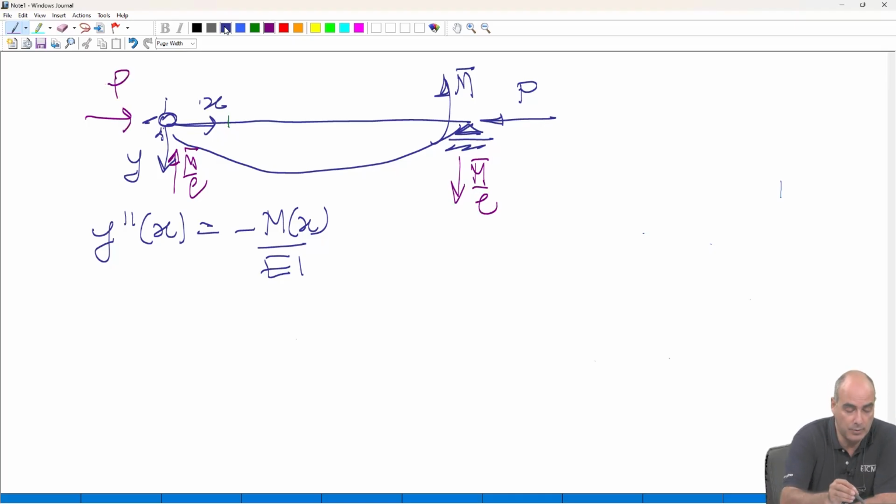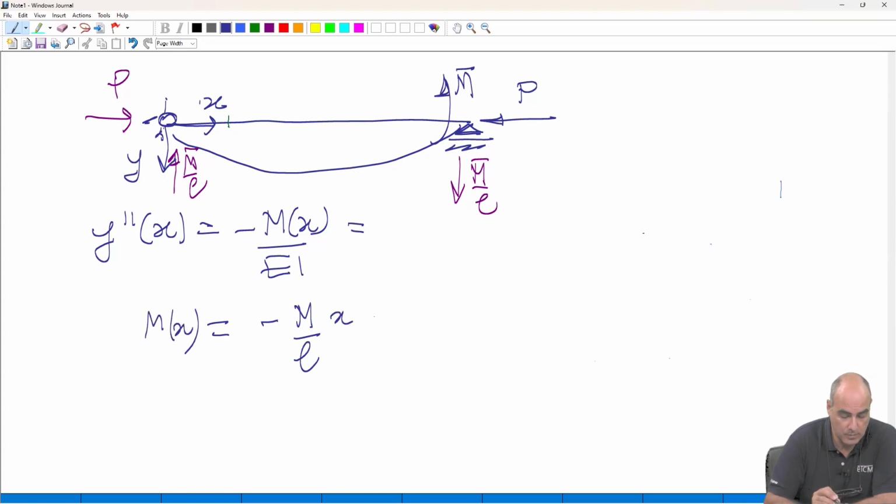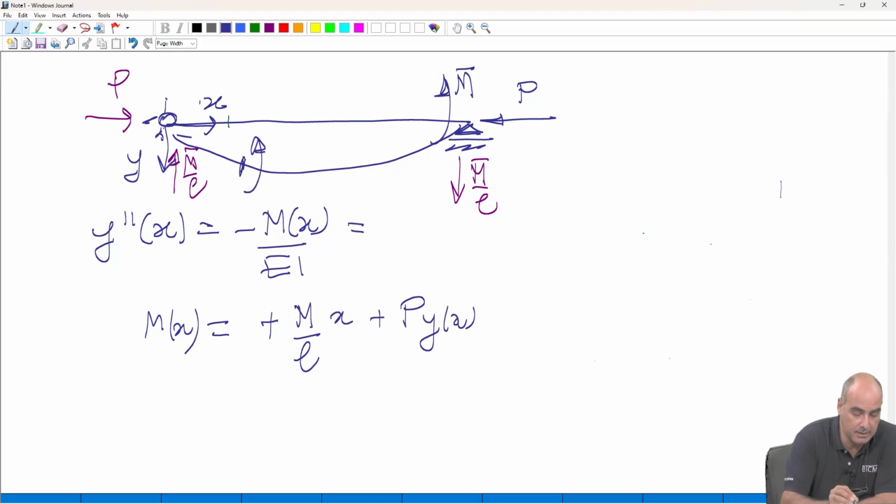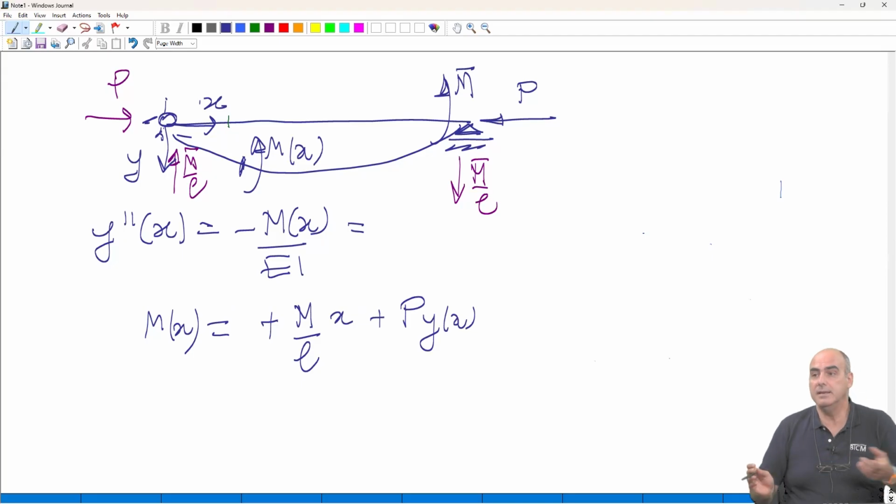So if I want to calculate my moment, this will be minus M over L times x plus P y. No, plus, because I start from here. Yes, my bending moment, if I put myself here, is like this. Okay? Well, then it's exactly as before.